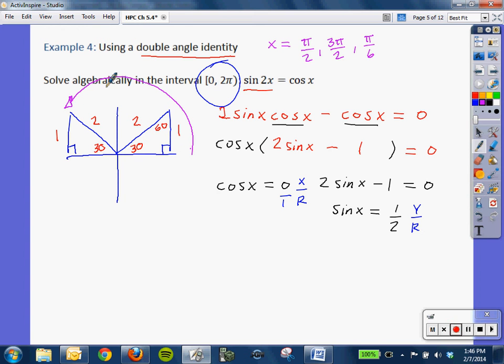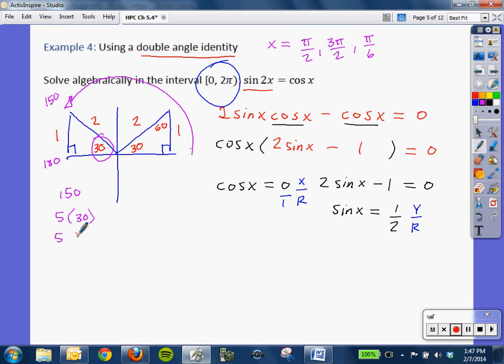From 0 all the way to this point is 150 because we're 30 degrees away from 180. So we could say 150 times pi over 180 and reduce. I prefer to look at the 30 here and say how many 30s will fit within that 150. 5 of them. 5 times 30 is 150.